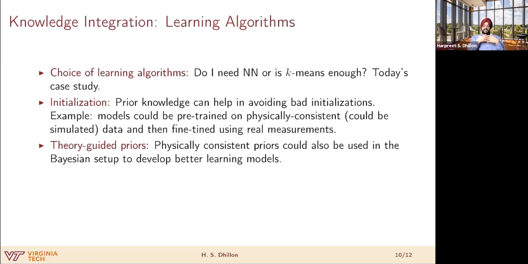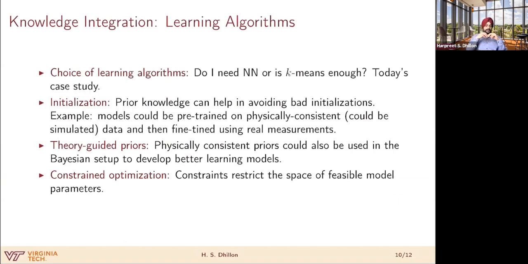For example, if you are estimating a certain parameter using, say, deep learning, you could put a prior on that parameter that comes from theory. That's your prior belief. In this case, you are not really putting a very strict constraint based on the physical law. You are putting a soft constraint. You could have a very hard constraint, or you could have a soft constraint. So this is more of a soft constraint idea.